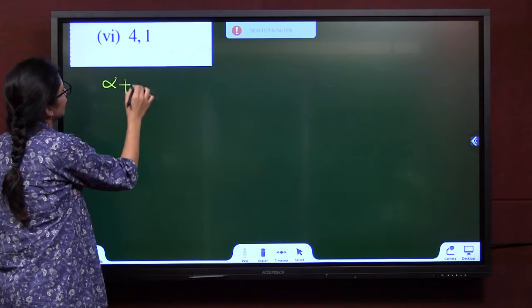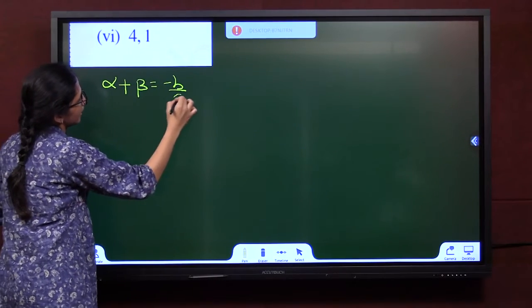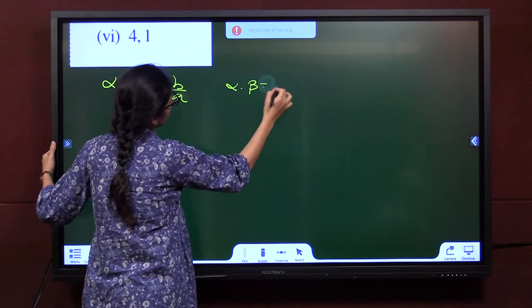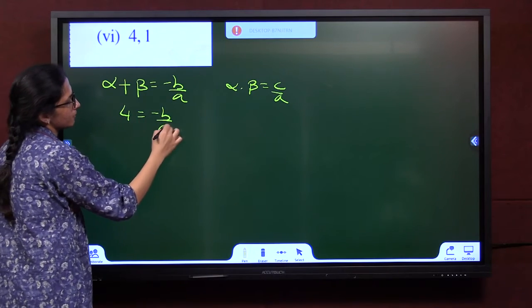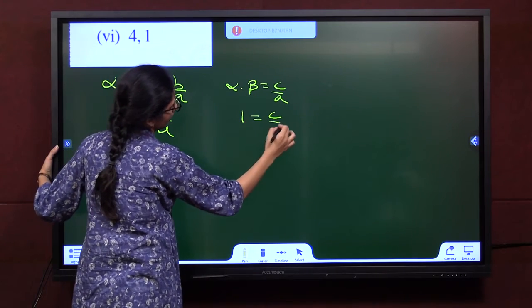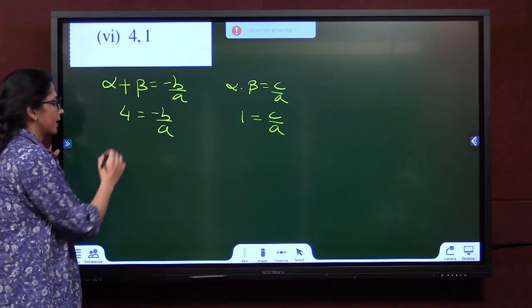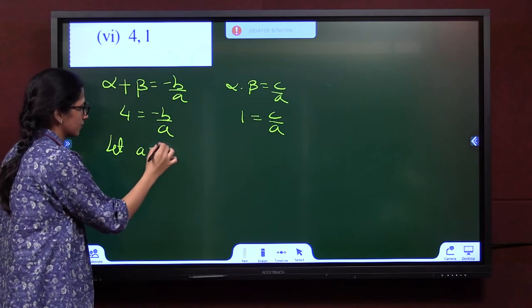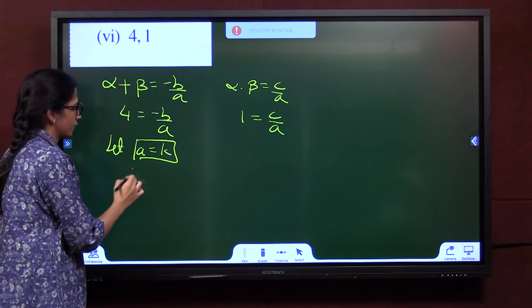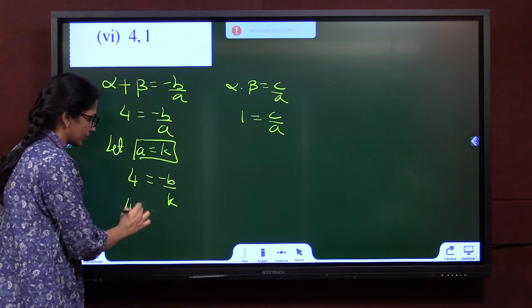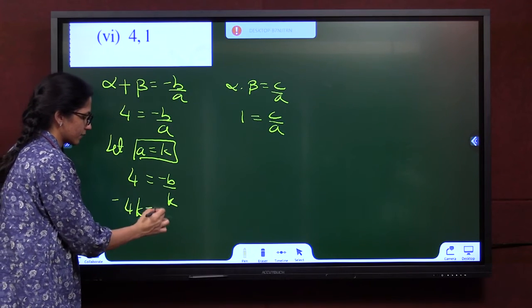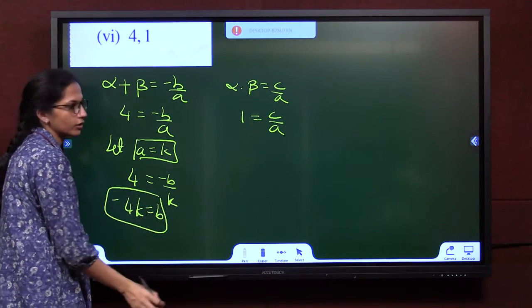Next question, alpha plus beta is equal to minus b by a, alpha into beta is equal to c by a. Alpha plus beta is given as 4, which is equal to minus b by a. Alpha into beta is equal to 1, which is given as c by a. Let a equals k, then 4 is equal to minus b by k, send the k up, 4k, send the minus sign, minus sign equals b, so b is minus 4k.